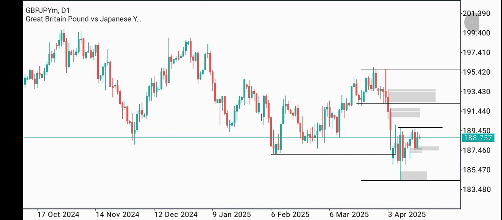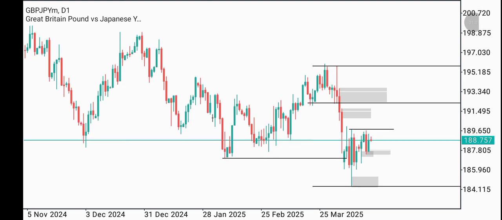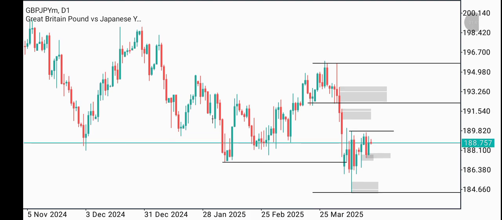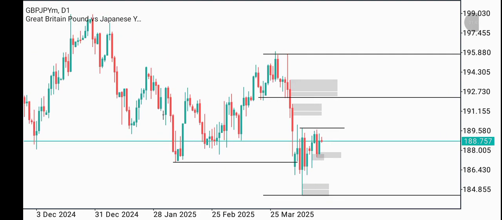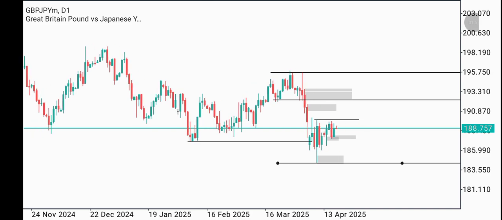So what I do from this point here is I want to mark my daily structural high and daily structural low. Now from the look of things, this is our daily structural high, this is our high, and this is our daily structural low.